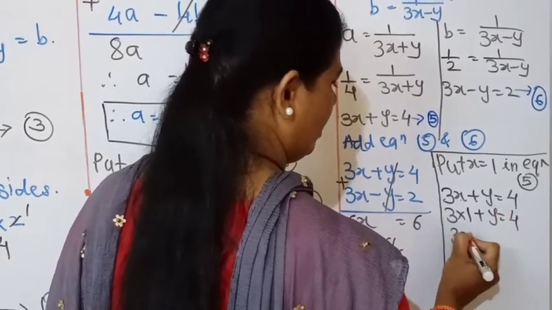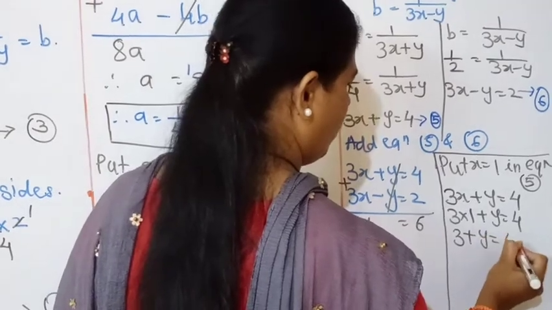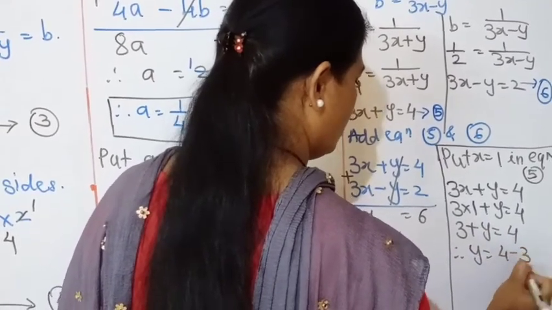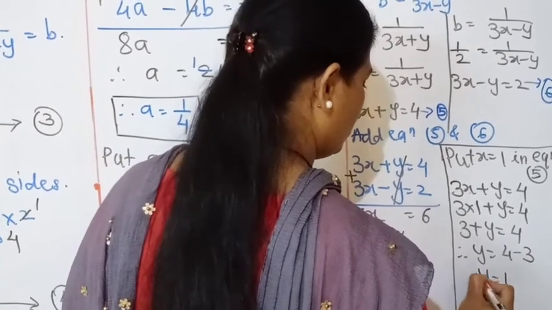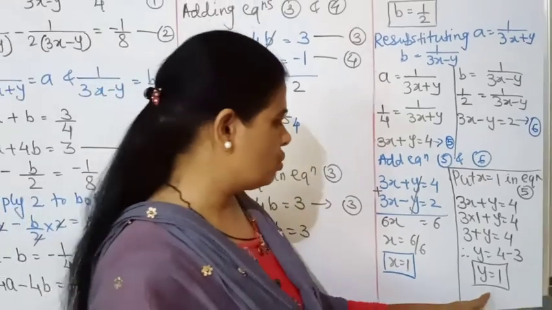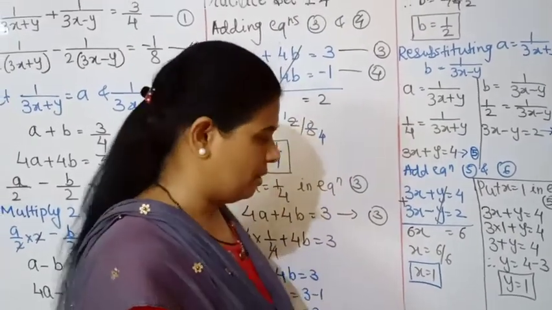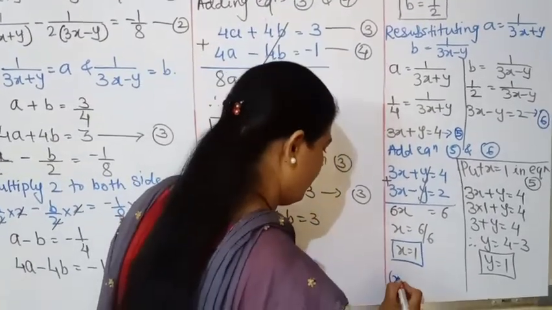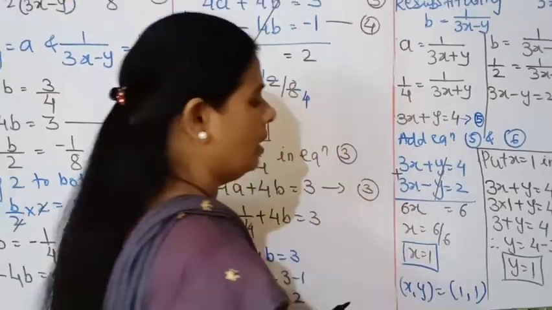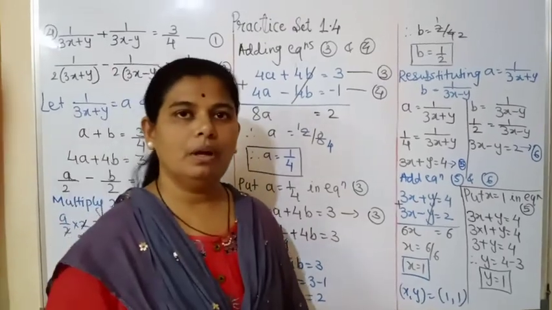So 3 ones are 3 plus y equal to 4. Therefore, y equal to 4 minus 3. So the value of y equal to 1. So we got the value of y. So y is also 1 and x is also 1. Okay. So (x, y) equal to (1, 1) is the solution of the given equation.